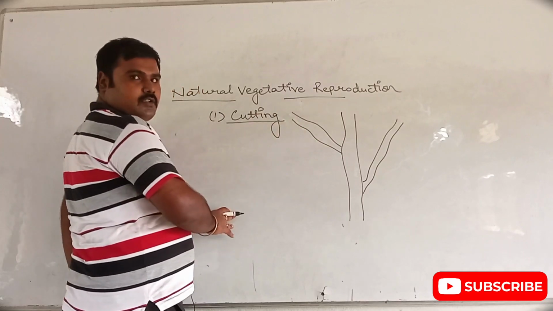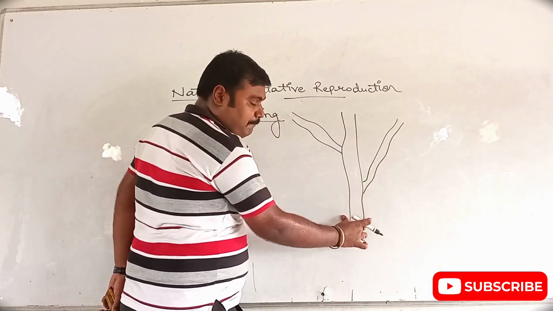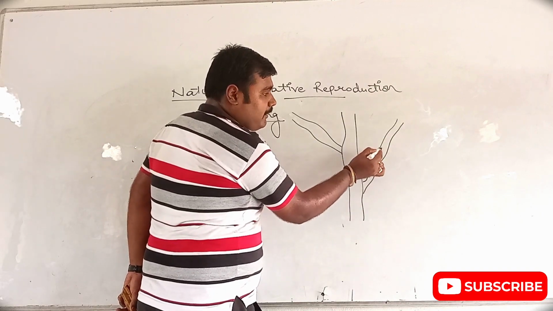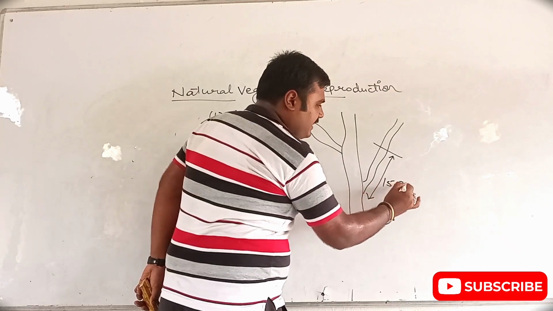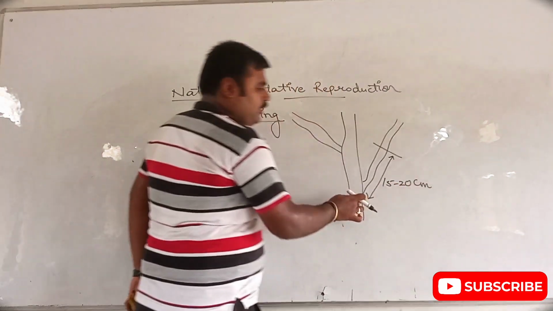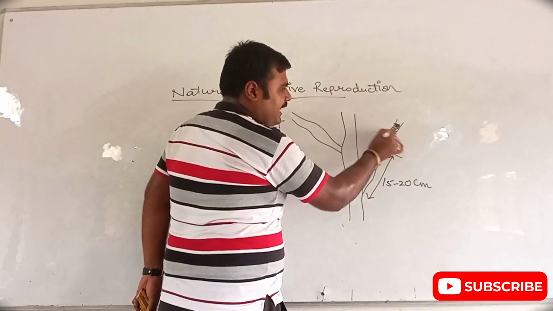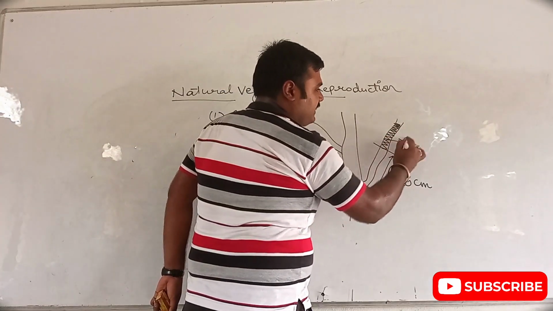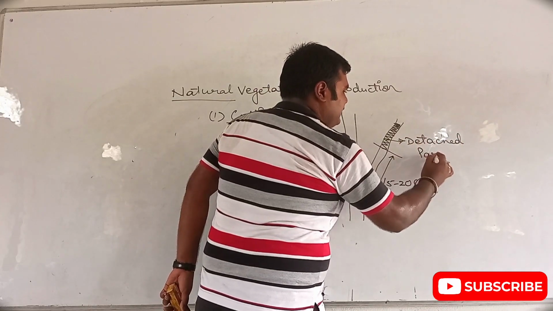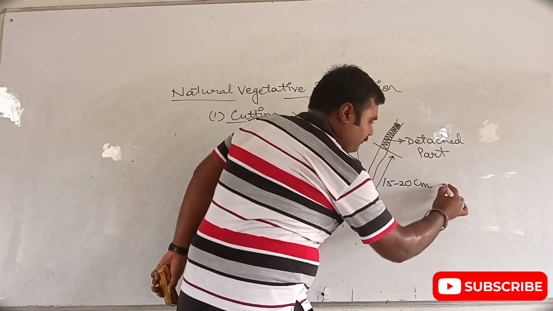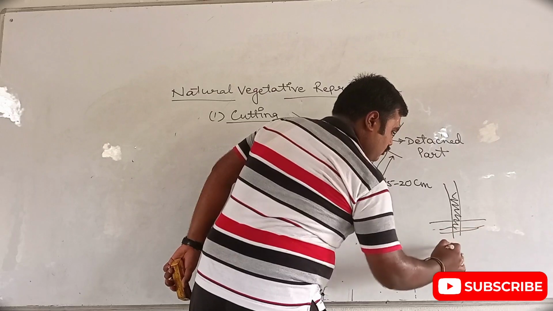What we do in cutting is detach the branch about 15 to 20 centimeters above where it is attached to the plant. Later on, this detached part will be transferred into the soil.